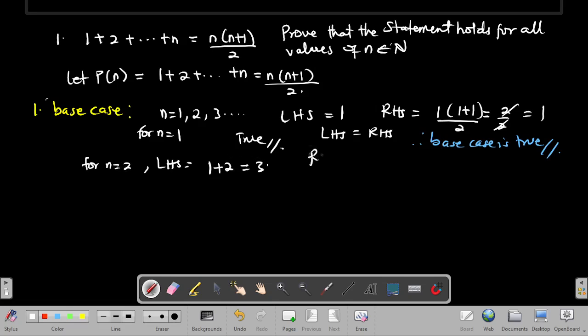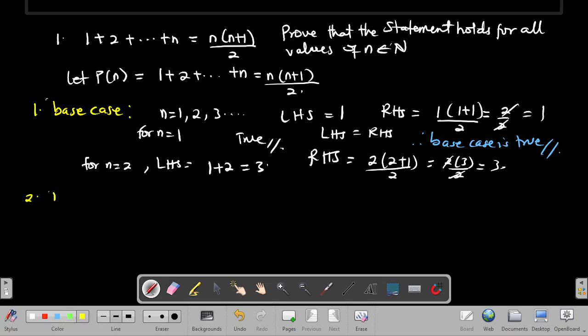Now, what is happening at my right hand side? I simply put the value of n inside the equation, and I'm going to have 2 multiplying 2 plus 1, all over 2. This gives me 2 multiplying 3 all over 2. The 2 cancels, and so 3 and 3 are the same. Therefore, our base case is true. Let's move to the second step.